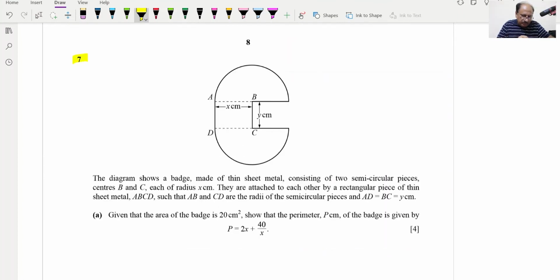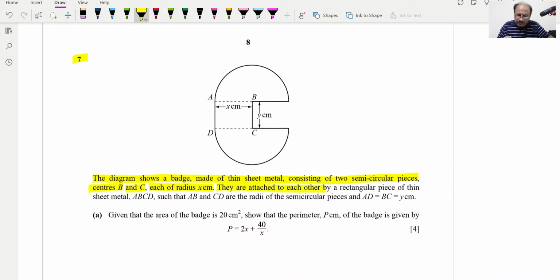Question number 7, diagram is provided. The diagram shows a badge made of thin sheet metal consisting of two semicircular pieces, centers B and C, each of radius x centimeters.